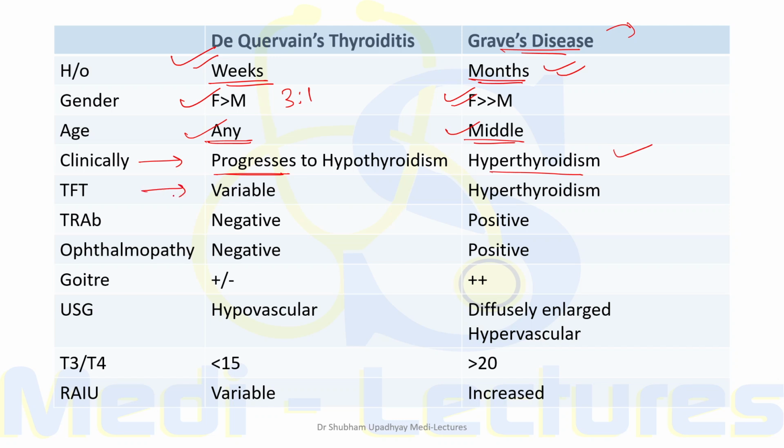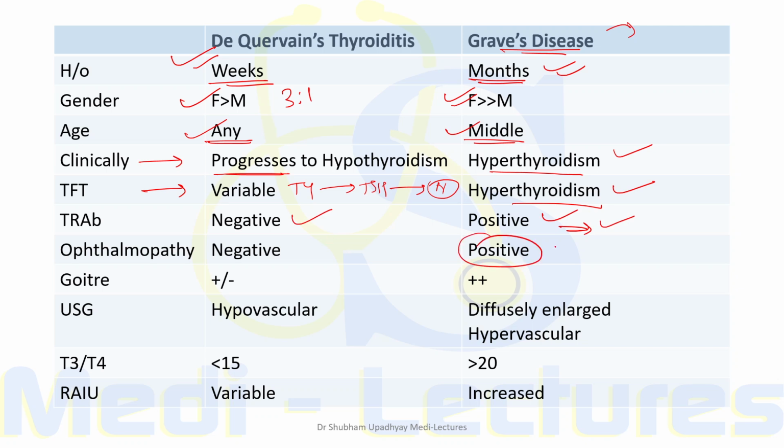Thyroid function tests will be variable in thyroiditis. Firstly, there will be increased T4 and suppressed TSH, then increased TSH and suppressed T4, and finally the TFT will become normal. In Graves' disease, the patient will be hyperthyroid throughout. Thyroid receptor antibody will be negative in thyroiditis, but it is positive in Graves' disease, being causative of it.